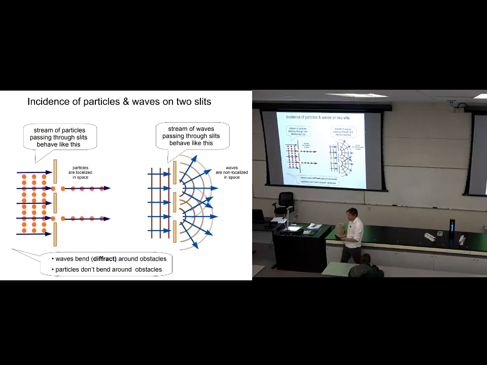When I picture the particles, what are particles? Particles are little discrete objects with energy and momentum, and so I pictured a bunch of little particles in red streaming from the left towards the right and striking the obstacle.